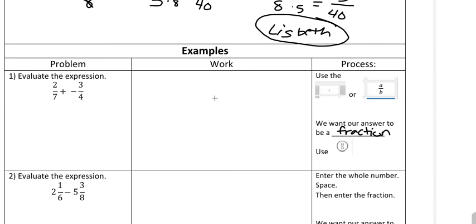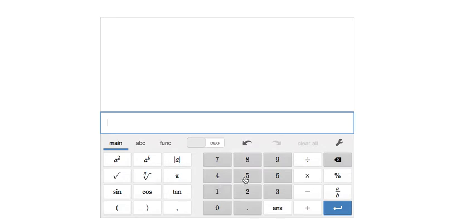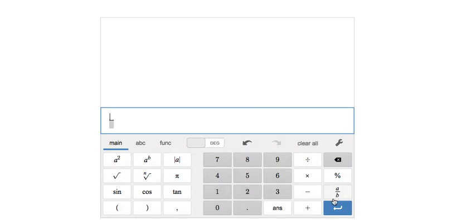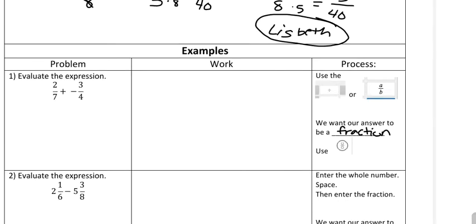All right, so at this point, go to your Desmos calculator. We're going to do 2/7. So I'm going to do the fraction, and on top is 2. I can click to the bottom, 7. And then I want to click over, plus, negative, so I'm going to use the minus sign. And then I think it was 3/4, right? Let's just double check that. Yep, 3/4.